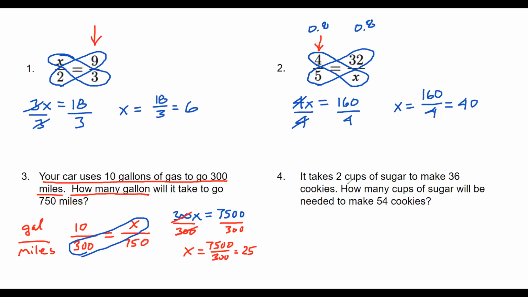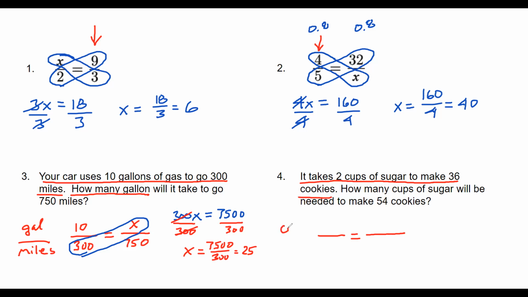Okay, let's look at problem number 4. This looks different because obviously it has to do with a recipe for making cookies, but the principle of solving this is the same. We know that we're going to set up something like this. And we're looking for the ratio that they gave us. 2 cups of sugar to make 36 cookies.